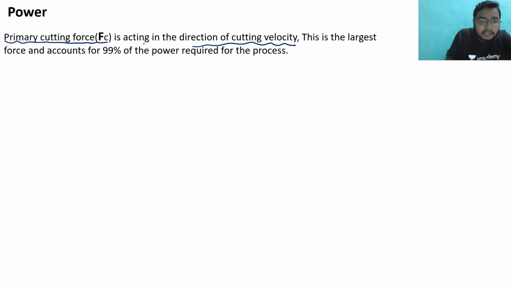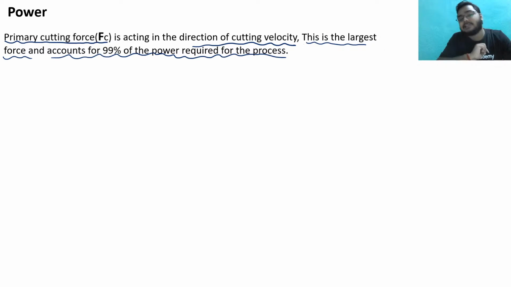So this primary cutting force Fc is acting in the direction of cutting velocity, and this is the largest force. You know that in machining there are many forces, and among all of them, Fc, the primary cutting force, accounts for 99% of the power required for the process. So the maximum force among all is Fc.